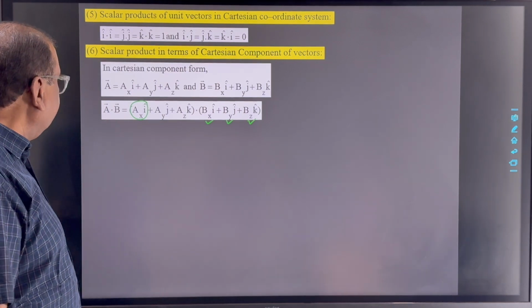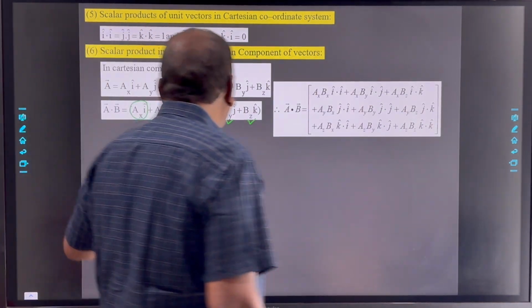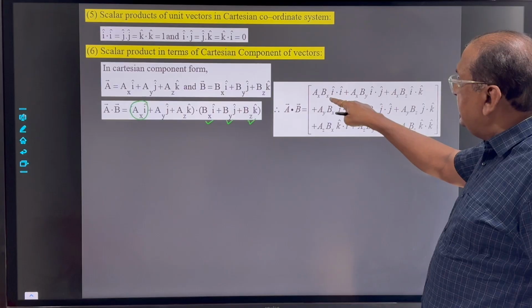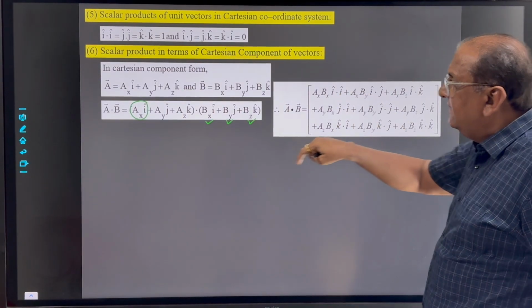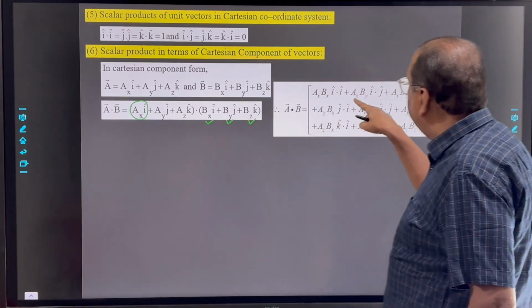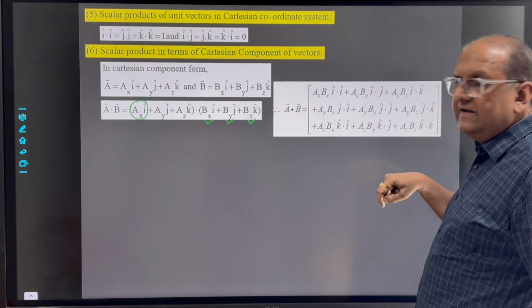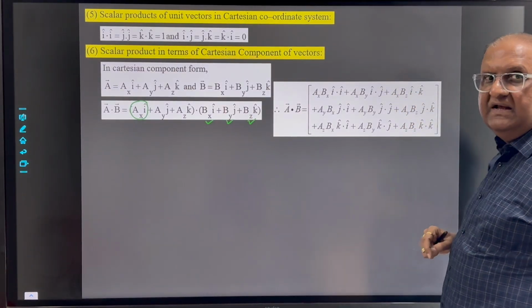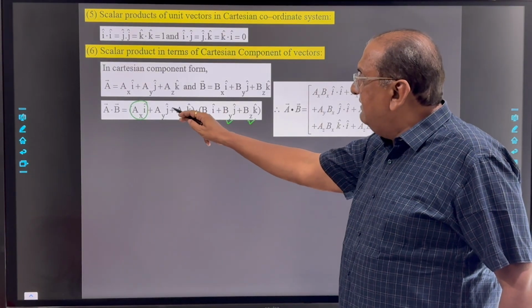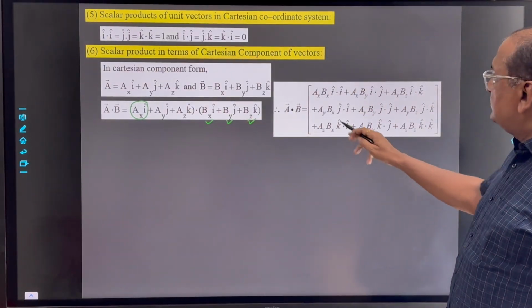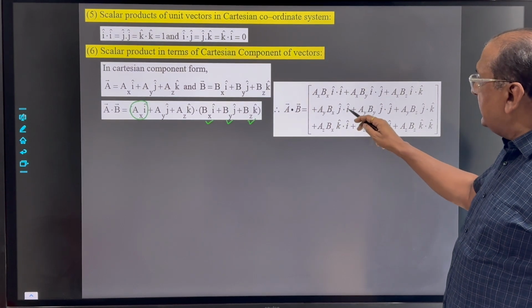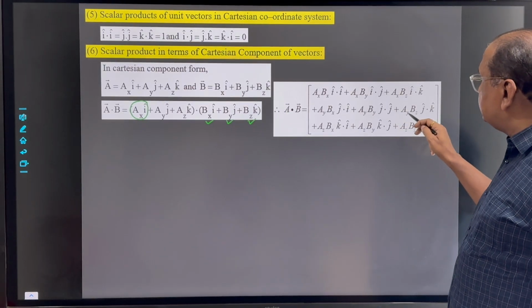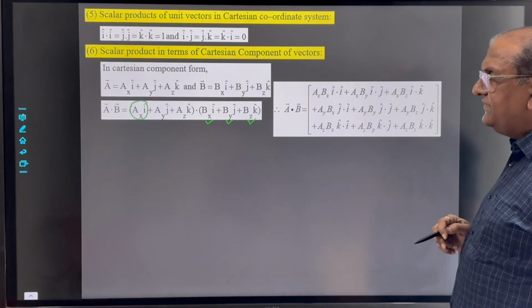Okay. So see here how we will write it. First AX i caret is multiplied with these three. So AX BX i caret dot i caret, then AX BY i caret dot j caret, then AX BZ i caret dot k caret. Similarly, multiply AY j caret with these three. So we get AY BX j caret dot i caret, AY BY j caret dot j caret plus AY BZ j caret dot k caret.